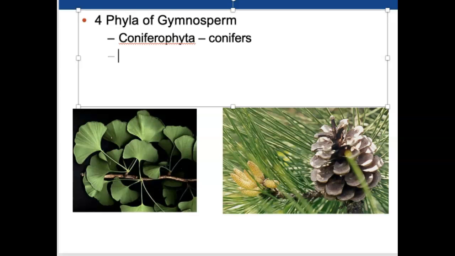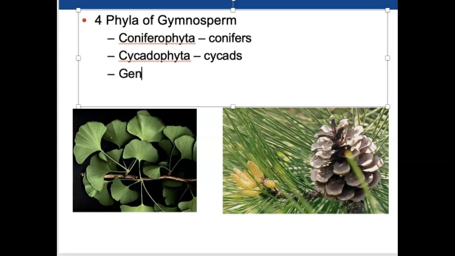The second one to mention is Cycadophyta. The plants in this particular phylum, cycads. So see the connection? See how easy this is? If you miss these on the quiz, man, keep it simple.